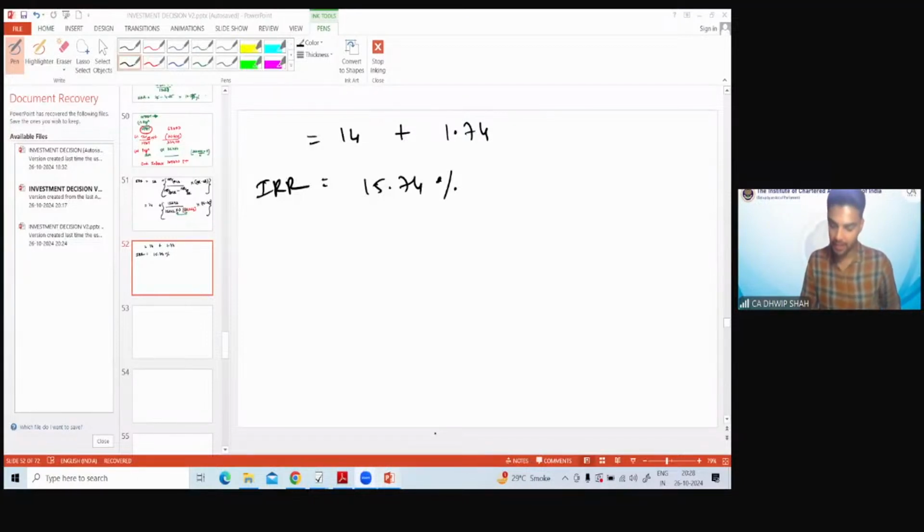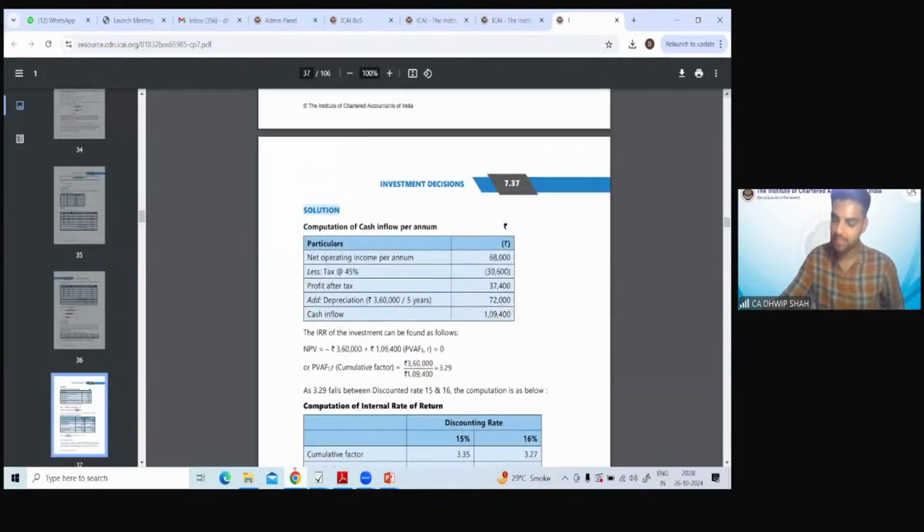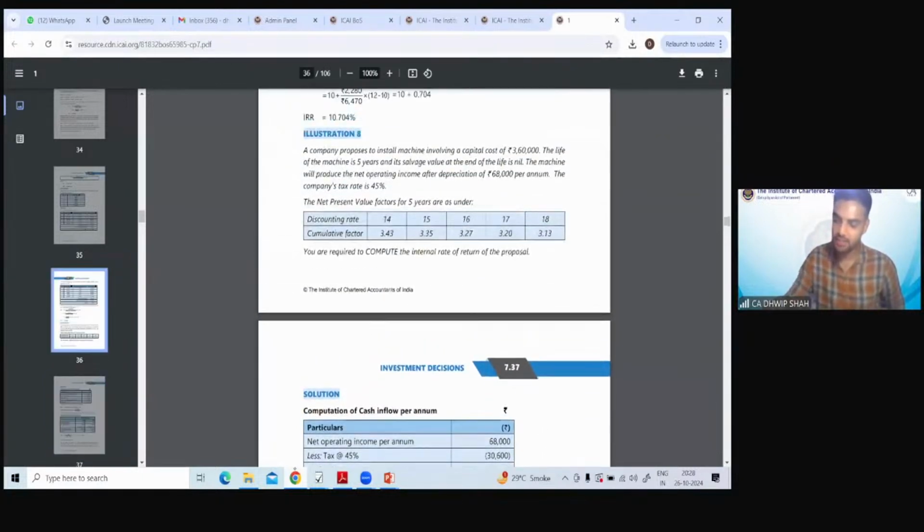How to find the gaps? It depends on the hints in the question. Here the question has directly given certain discounting rates 14, 15, 16, 17, 18. So obviously, the logic is that IRR would lie somewhere between 14 and 18. That is very common sense.